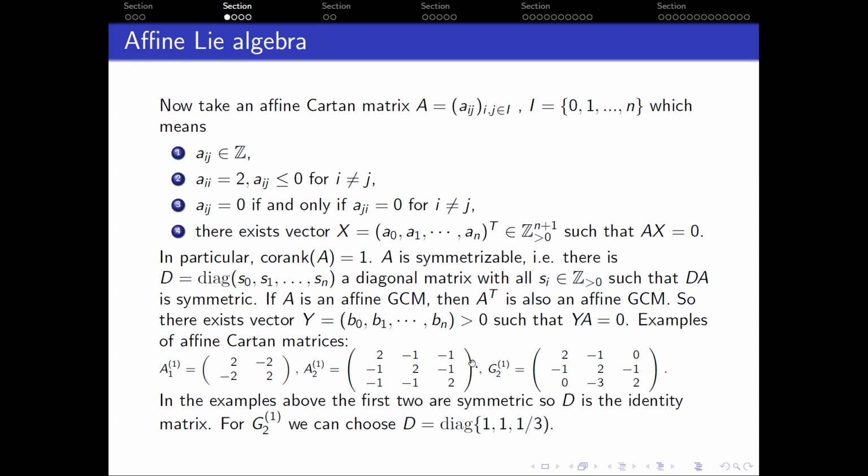Okay, and G2 upper 1, this is this matrix. Observe the entries here are not just -1, but this is -3. And that indicates the root lengths are unequal. And G2 is something called an exceptional simple Lie algebra.